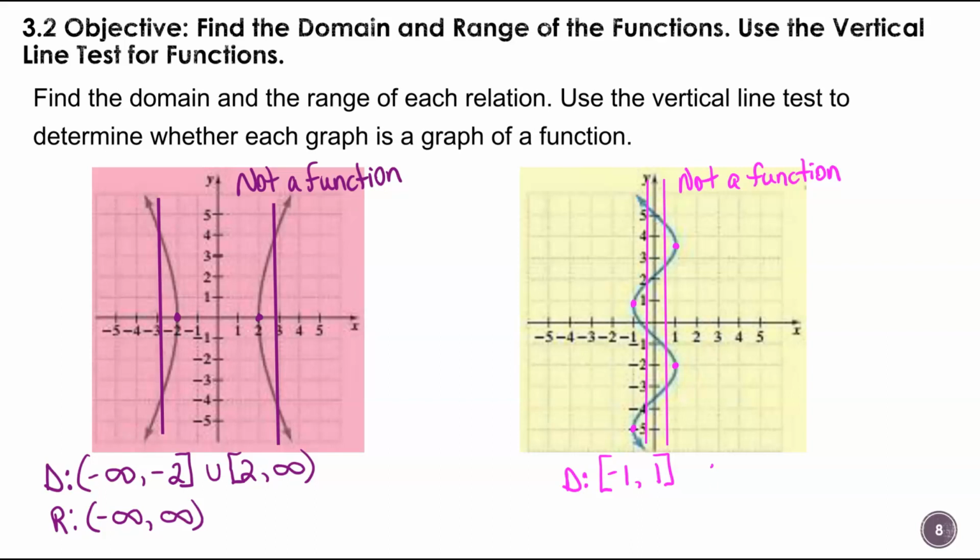So range in this case is going to just be negative infinity to positive infinity because it continues on up and down, toward the positives and the negatives.